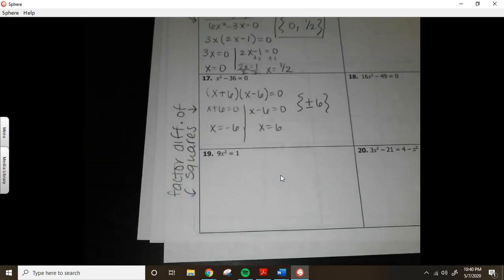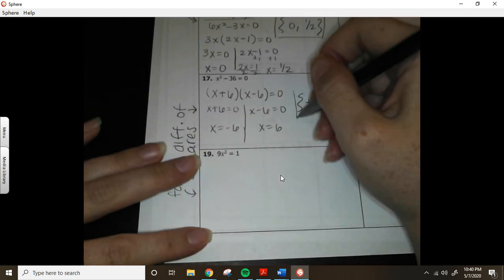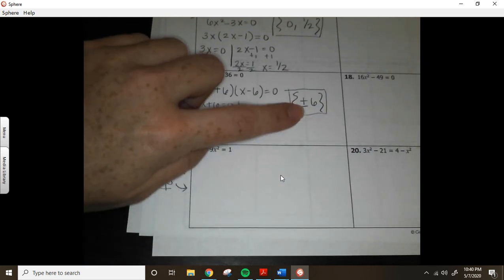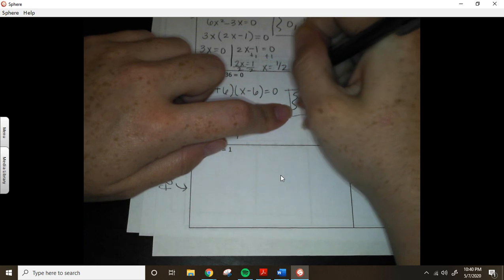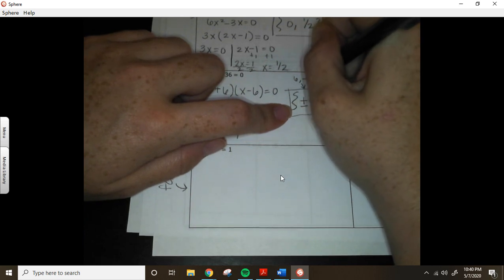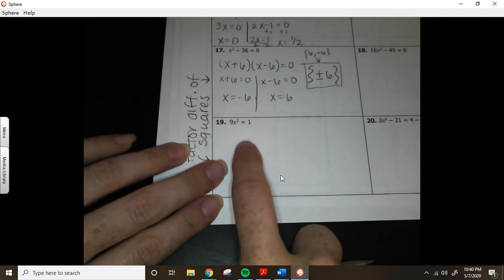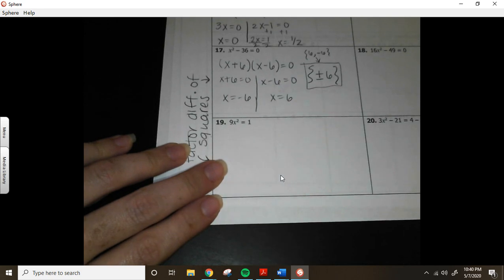And that's how I want to write it because we will see this in the future, especially with quadratic equations and square roots. This just means positive 6 and negative 6. This is positive and negative, that symbol right there.